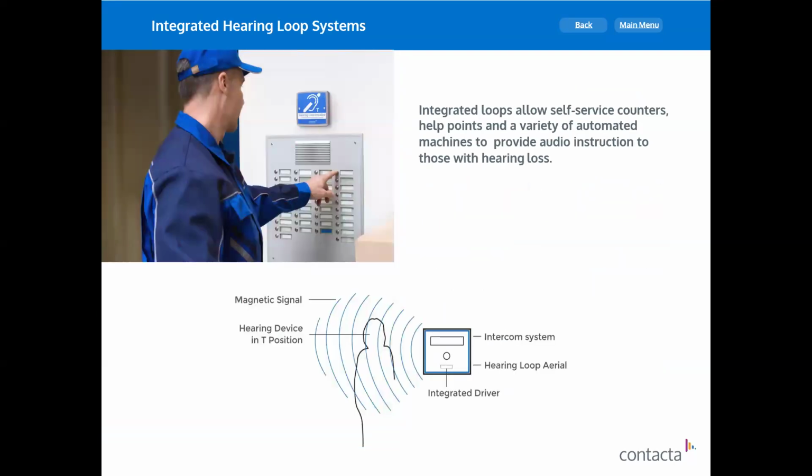So going into more detail, it allows self-service counters, for example, or help points, to have a hearing loop feature added. If we look at this photo and the diagram at the bottom, if I'm adding a small hearing loop, it will create a small magnetic field cloud, and if that's installed at the right height, a hearing aid user will be able to tap into the sound coming out of the speaker, even if it's very noisy outside.